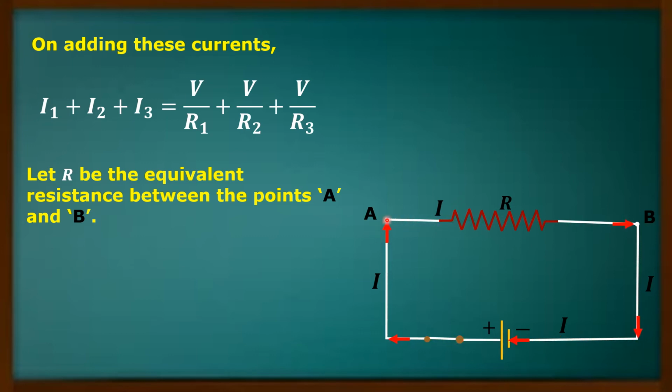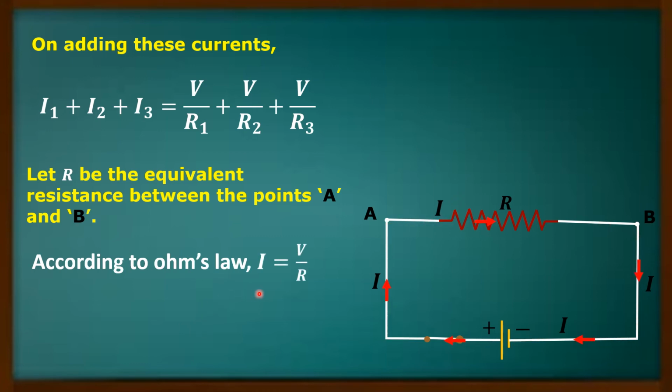So V potential difference has been applied between A and B, and let us find how much current is flowing through the resistor R. According to Ohm's law, I is equal to V by R. So here R1, R2, R3 are the individual resistances, and R is the equivalent resistance of these three resistors.